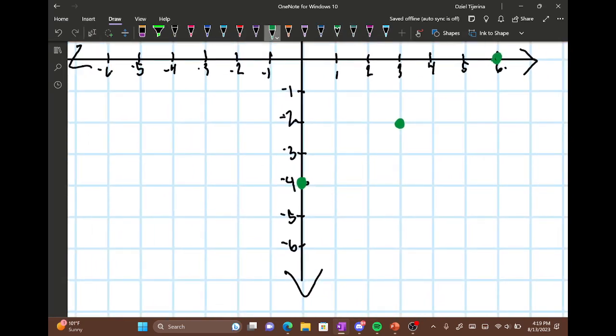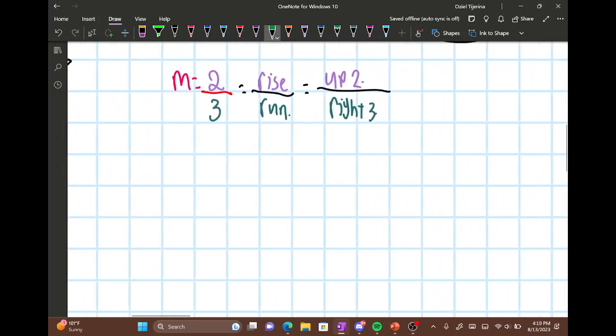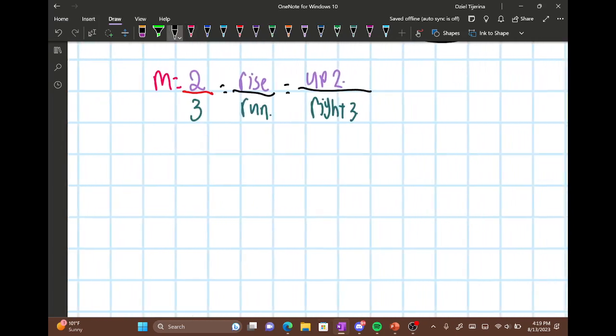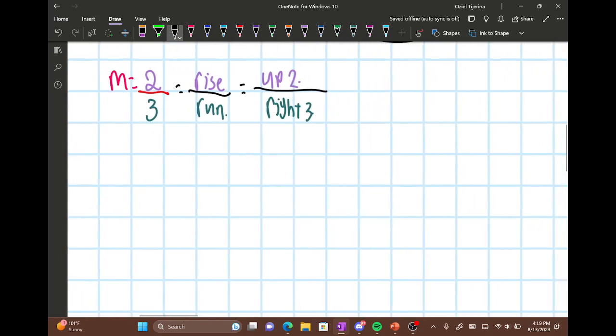Now we're going to do the opposite. On the other side, 2/3 also means -2 over -3, because the negatives cancel out.